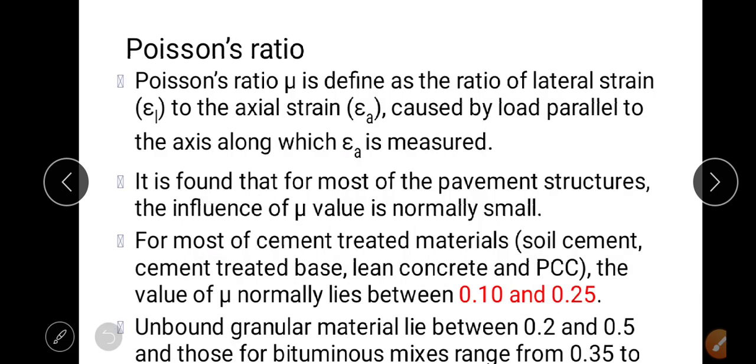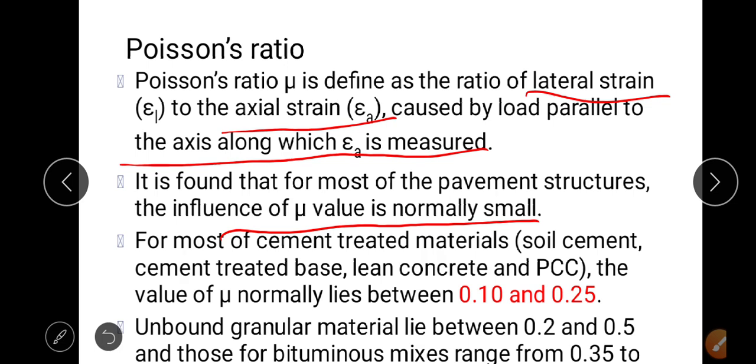Poisson's ratio, mu, is defined as the ratio of lateral strain to axial strain caused by the load, parallel to the axis along which epsilon A is measured. It is found that for most of the pavement structures, the influence of mu is normally small.